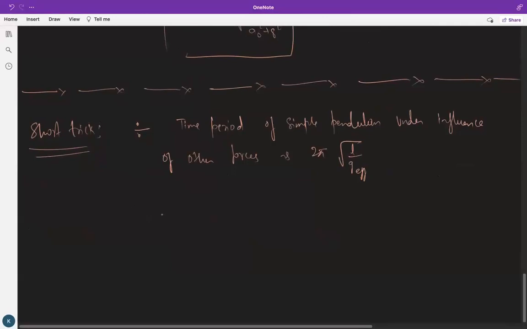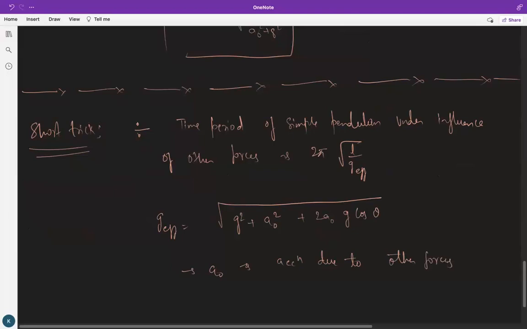And what is actually G effective? It is actually simple, the vector addition kind of thing. It will be like G square plus A naught square plus 2 A naught G cos theta, where A naught is the acceleration due to other forces and theta is the angle between A naught and G. So these are the two things that you have to keep in mind, and this is actually the shortcut.